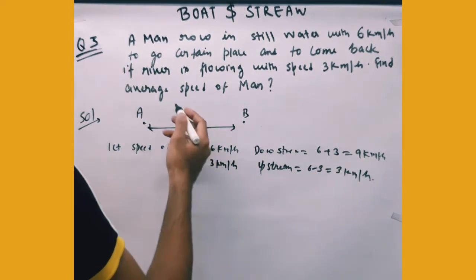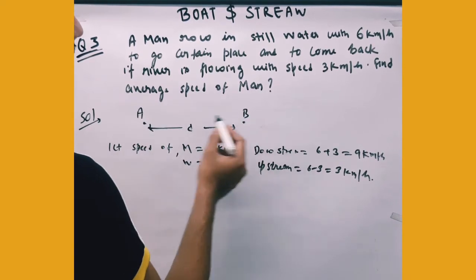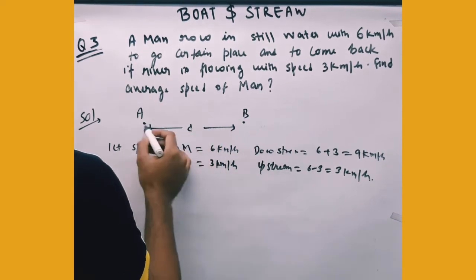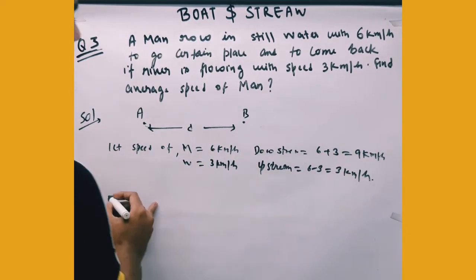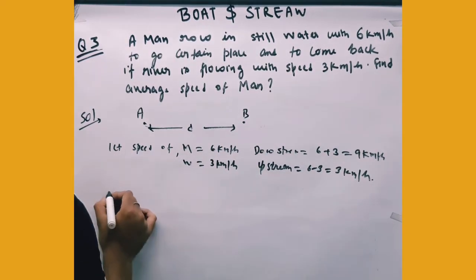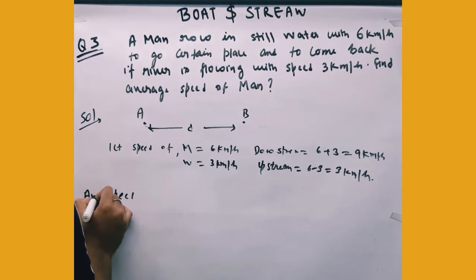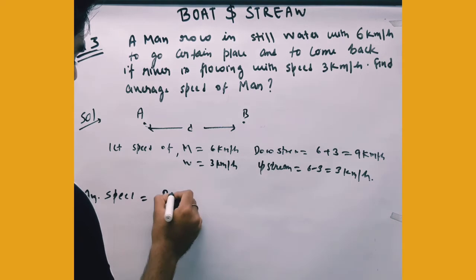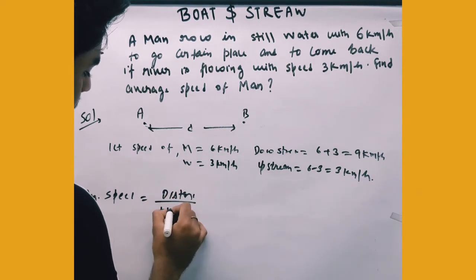So according to the question, the man goes from A to B and comes back from B to A. Find the average speed of the man. So we know that the average speed formula is total distance upon total time.